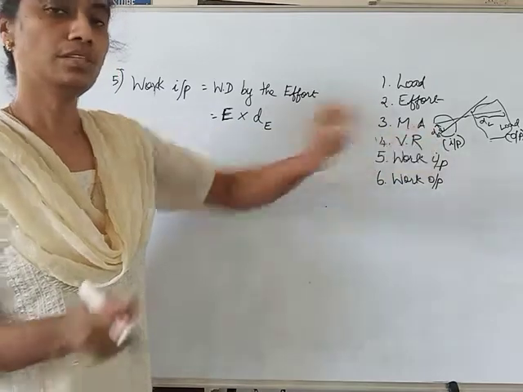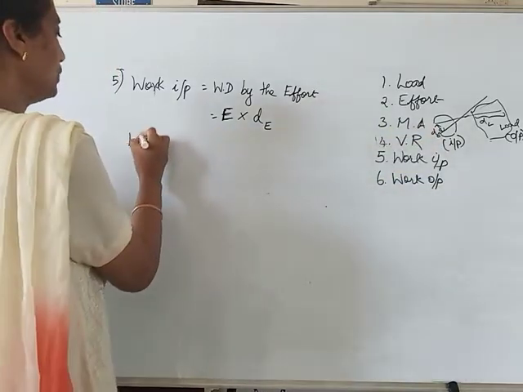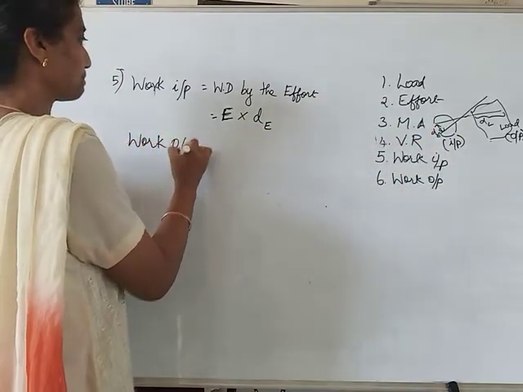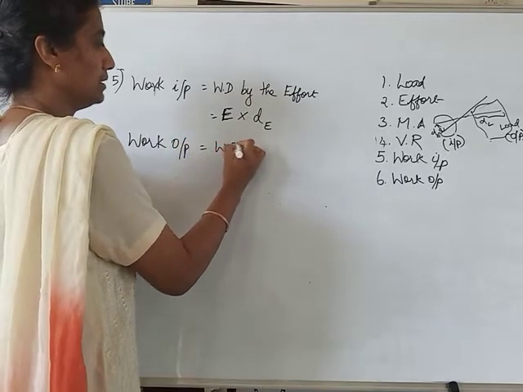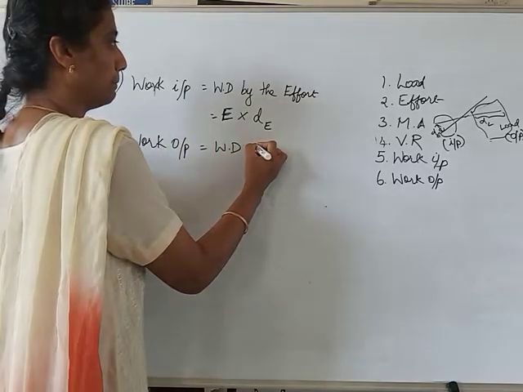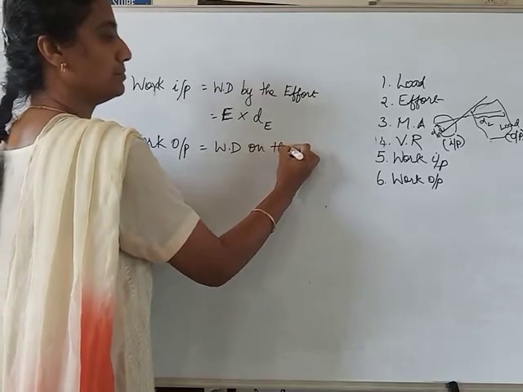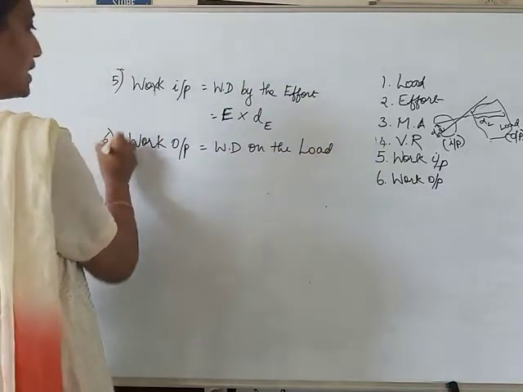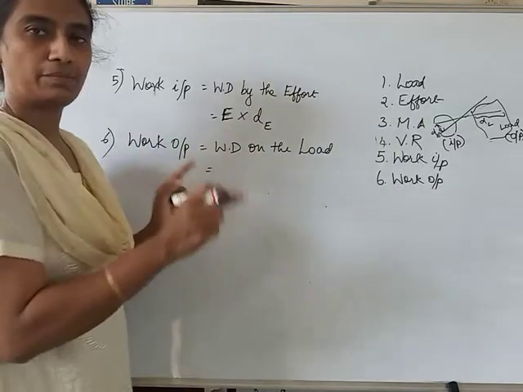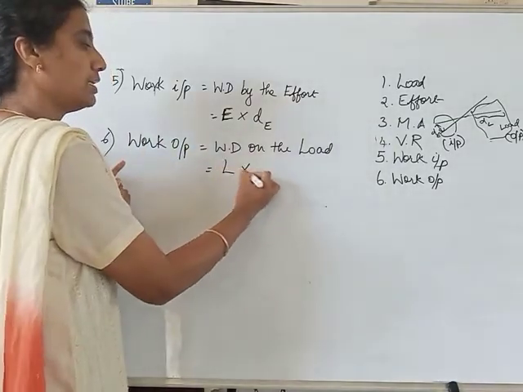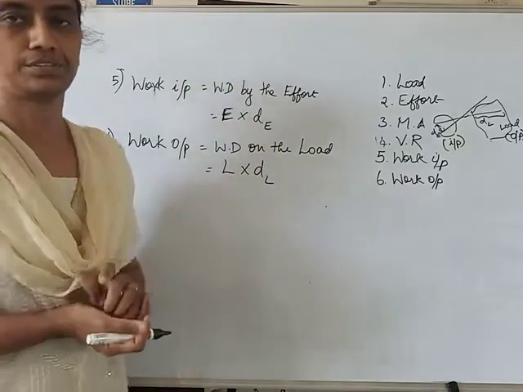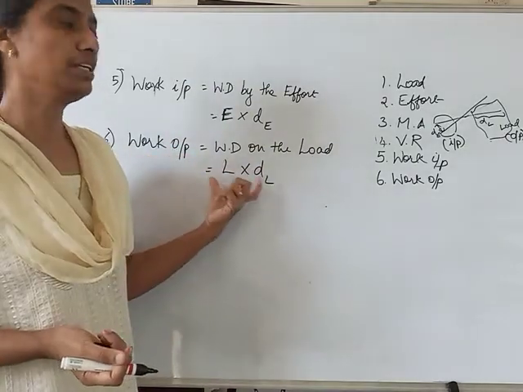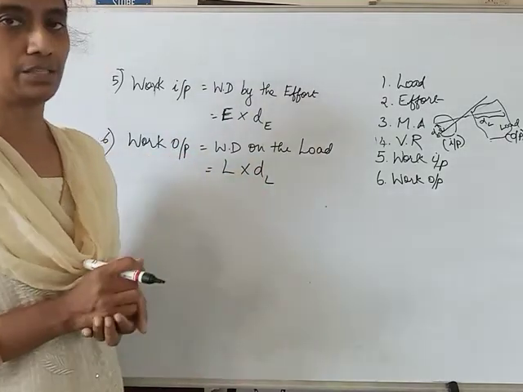Then work output will be the work done on the load, because load is the output side. Again force into perpendicular distance: the formula for work output will be load into distance traveled by load.